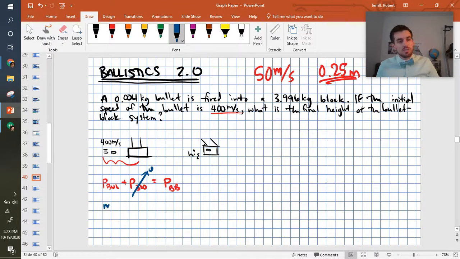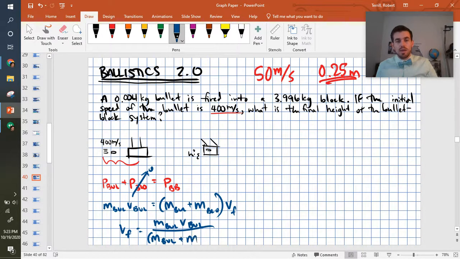So it would just be the mass of the bullet times the velocity of the bullet equals the mass of the bullet plus the mass of the block, that's the mass of the whole system, times their final velocity. If I wanted to figure that final velocity out, I could just divide both sides by this total mass. So it would just be mass of the bullet times velocity of the bullet, all over mass of the bullet plus mass of the block.